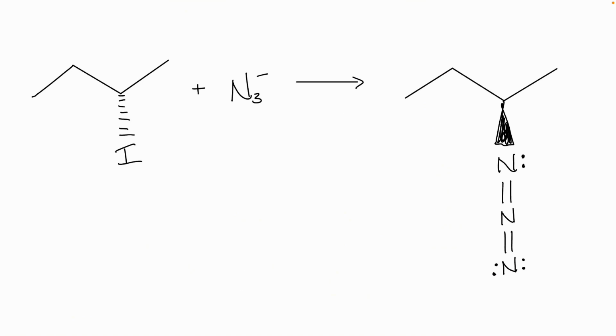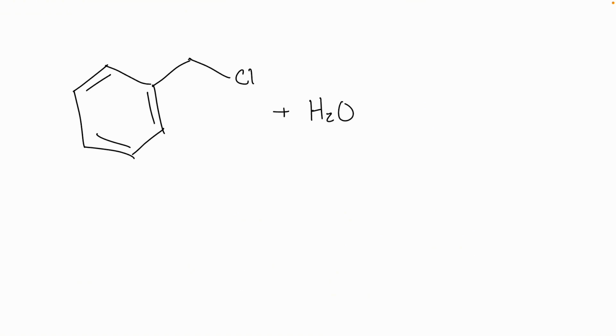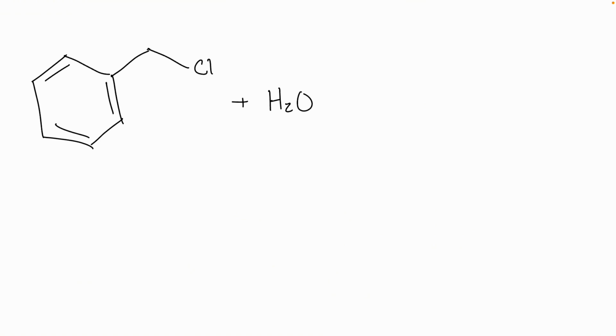All right, and then lastly, just real quick before we go, what if I gave you something like this? Just to sort of go through the process here, what category does this alkyl halide fall into? This is this weird one. It looks like it's primary because of that carbon there, but remember, it's right next door to that benzene ring.